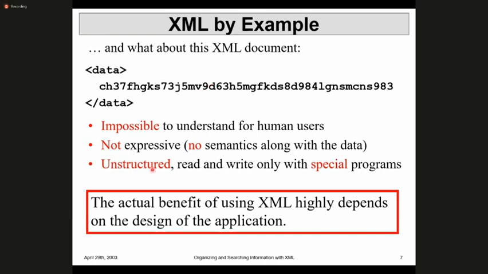This is unstructured, and humans can never understand what is defined in this random data, right? So the actual benefit of using XML highly depends on the design of the application. In banks, and places where they process payments, this can be very useful. But for simple systems that you use day-to-day, this is not much of an advantage.